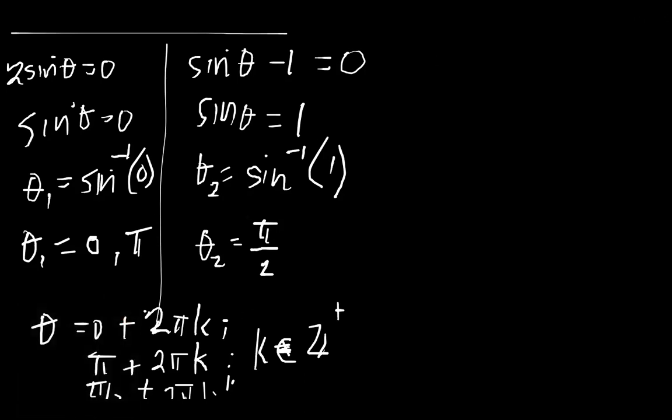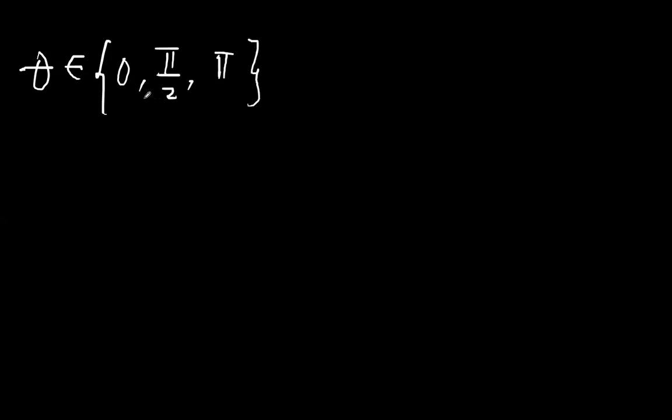Okay, here we go. So therefore, our final answer is, wait na class, i-move ko lang to. Dito na nga lang, next slide. So our final answer is theta is an element of 0, pi over 2, and pi. Nakuha, class? And again, your final answer should be expressed in terms of a set because we're talking about sets.